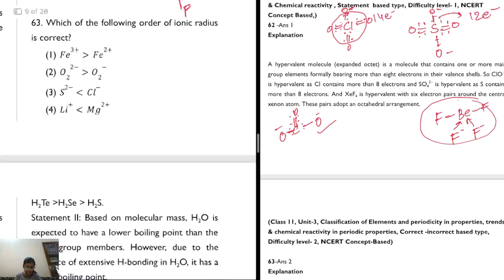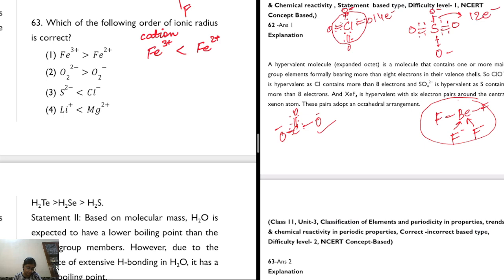Which of the following order for ionic radius is correct? We know that for any cation, Fe3+ is lesser than Fe2+. Fe3+ has even fewer electrons than Fe2+. That is, as electrons decrease, size also decreases.